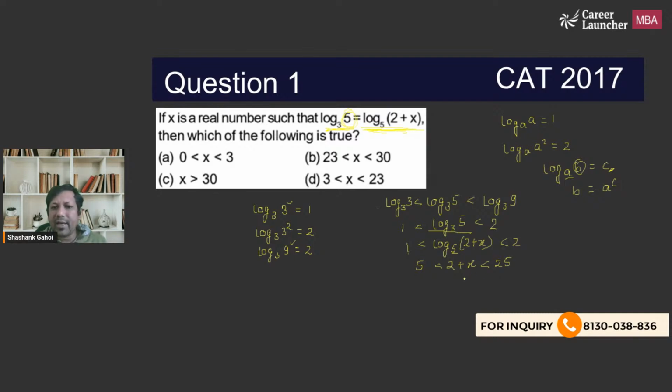From here, I can directly say that x should be greater than 3 and smaller than 23. Is it there in any option? Yes, that is option D. If I get this question, I am going to take this approach. If you figure out that 5 lies between 3 and 9, this question is going to be extremely easy to solve. Okay. Now let me move on to the next question.